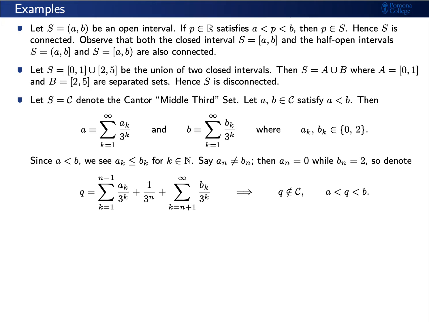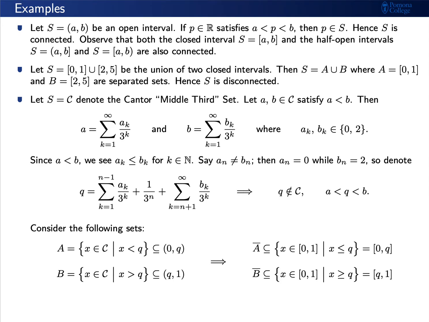So it'll be 1 over 3 to the n. And then finally, the last remaining terms, let's just let to be the b sub k's. So we have a sum b sub k over 3 to the k. In particular, this element q is not a Cantor number. That's because of the 1 over 3 to the n. And q has to lie between a and b.